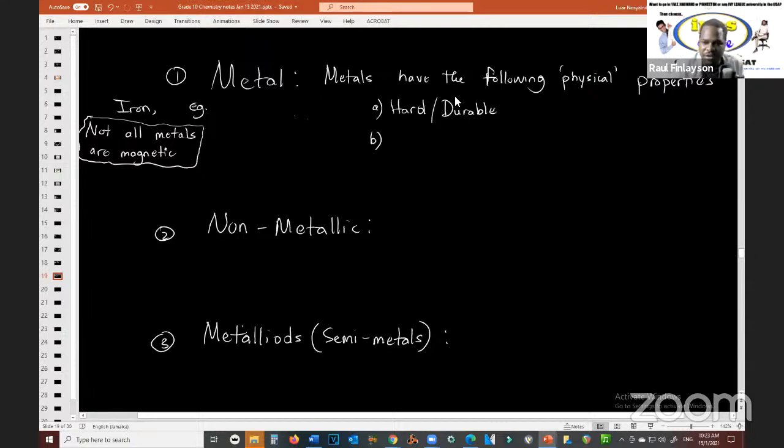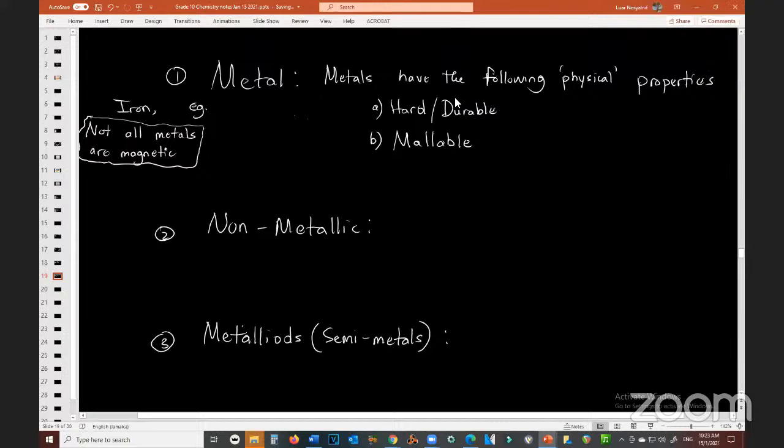What's the other now? We said that when you hit a car or some metal or a chair with a big piece of stone, it's going to dent. There's a word for that. Can you pronounce this word? Malleable. Malleable, yeah.